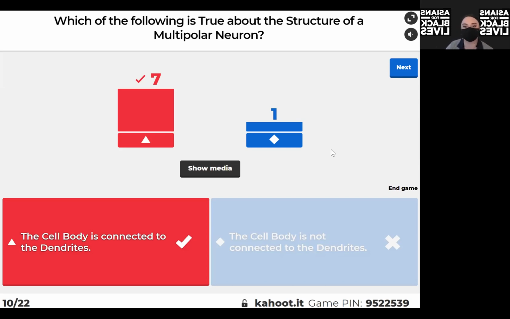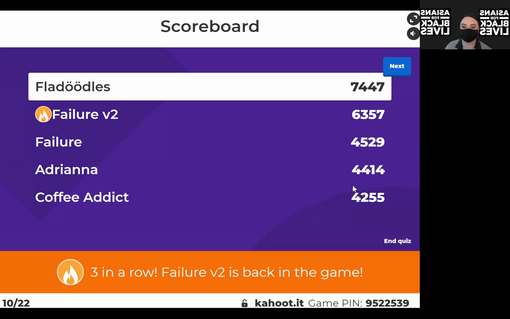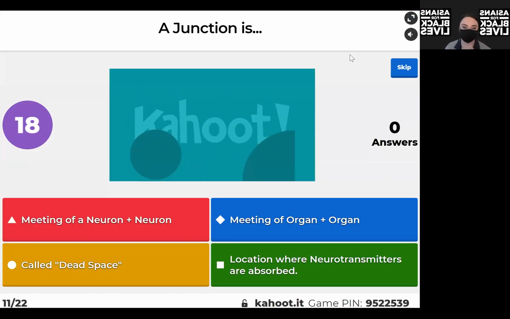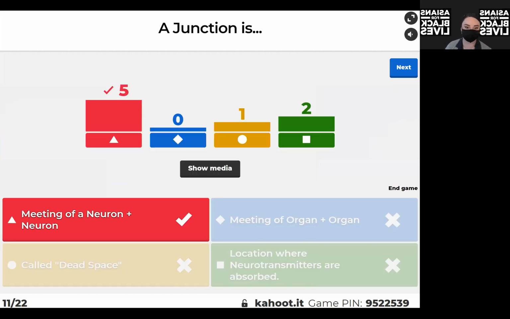Anything that's a reflex will go out first, and then after that, it's based on memory. What is a junction? Good, so it could be the meeting of a neuron and a neuron, or a neuron and an organ.